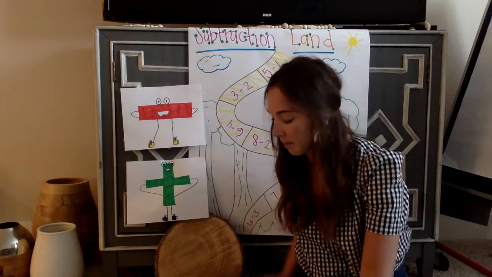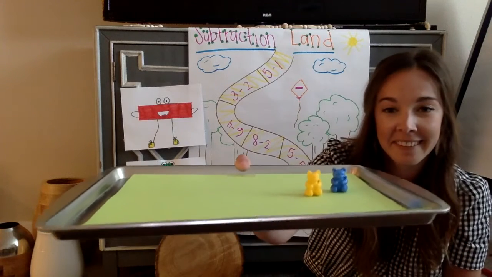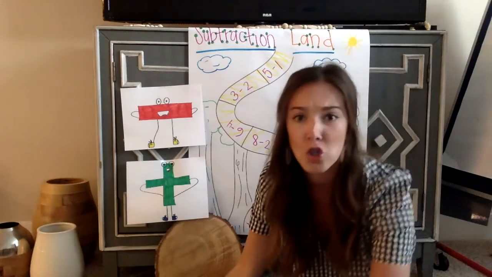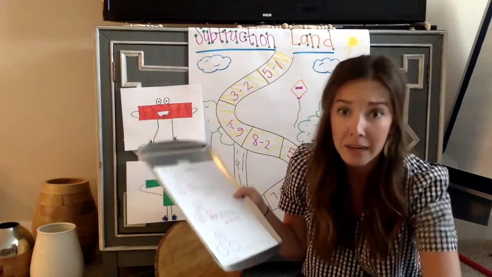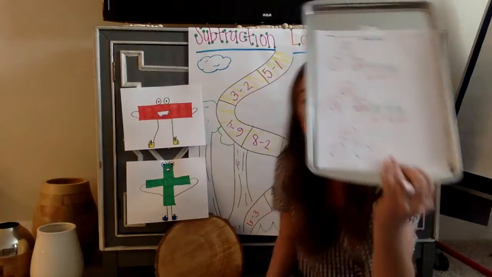Keep them closed, keep them closed, keep them closed. Okay, open. How many bears do I have left? Only 2. I had to make 2 handfuls to even put them back there. I'm going to write a 2 right here.